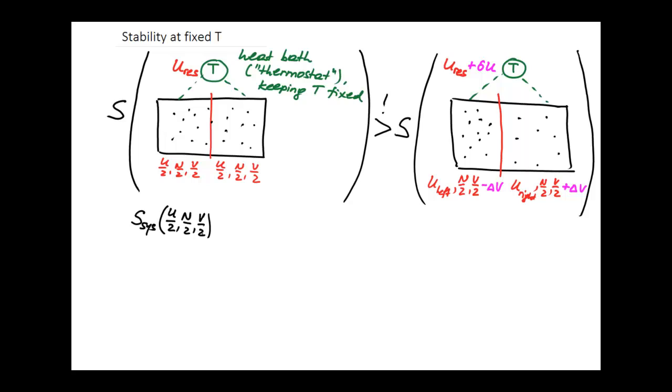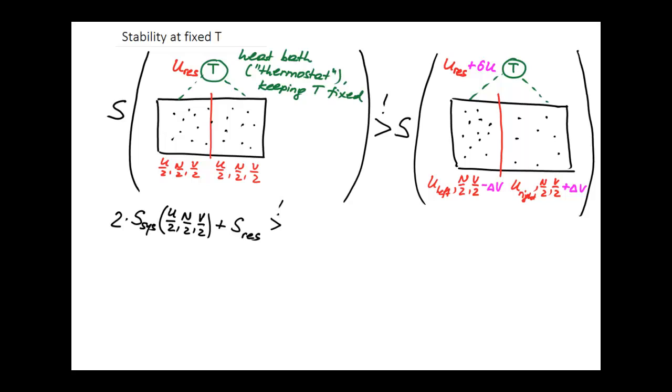We have that for both the left and the right, so we have a factor of 2. And we have to add the entropy of the reservoir. That's the total entropy in the left scenario, in the homogeneous scenario. And this must be strictly larger than the entropy of the inhomogeneous scenario.